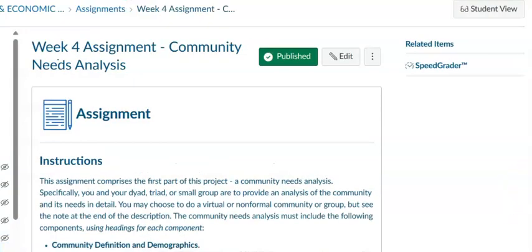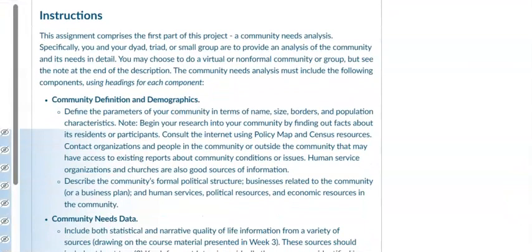The written assignment for this week is as follows. This is the first part of this project, a community needs analysis. Specifically, you and your partners are to provide an analysis of the community and its needs in detail. You may choose to do a virtual or non-formal community or group, but see the note at the end of the description.